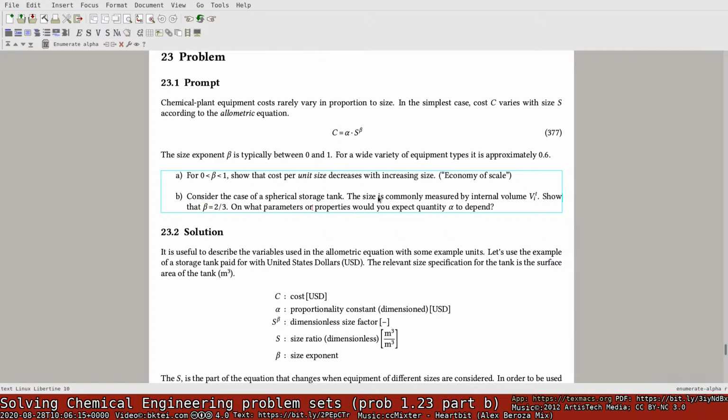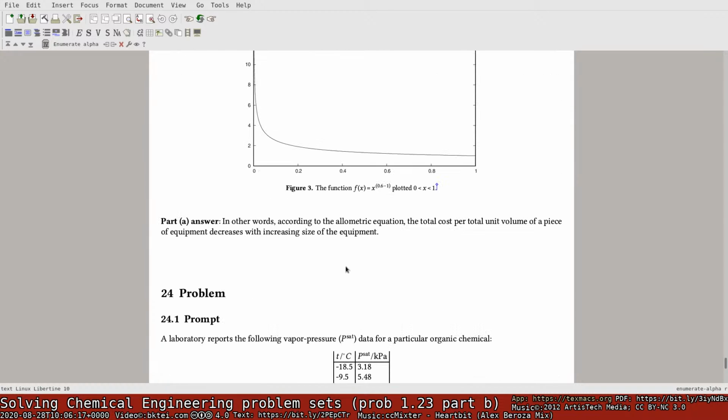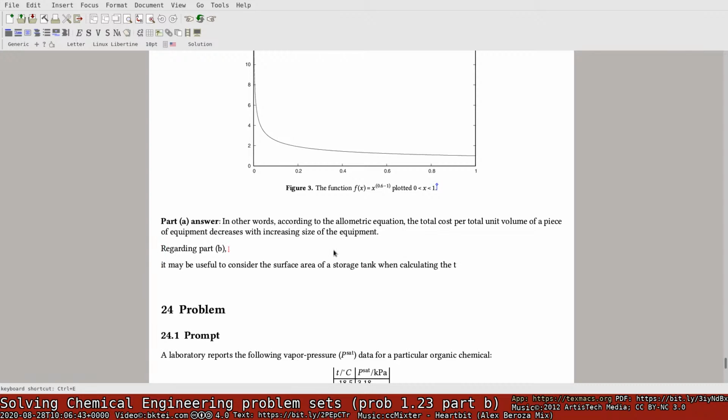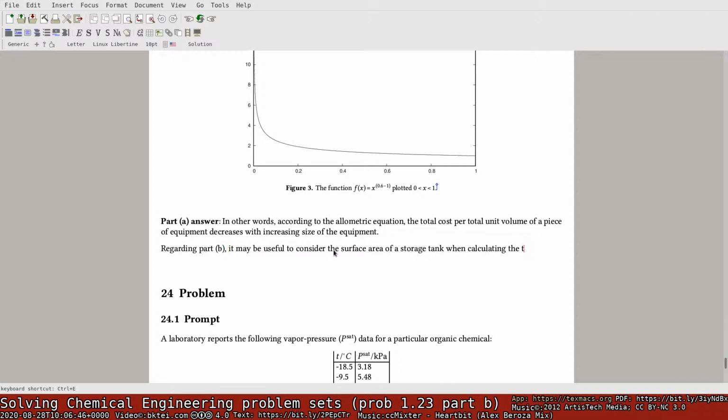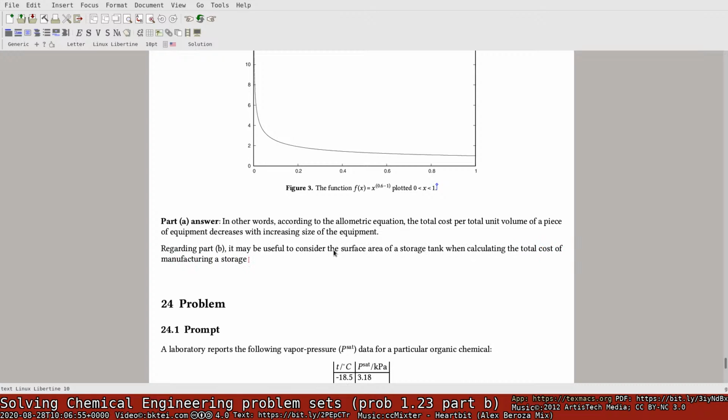So let's write that down. Regarding part B, it may be useful to consider the surface area of a storage tank when calculating the total cost of manufacturing a storage tank.